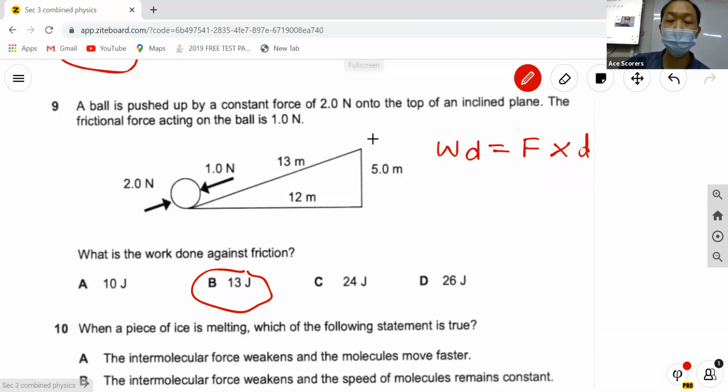But because this thing is moving up, friction is going down against it at a force of 1 Newton over a distance of 13 meter. So it's 1 times 13. Okay, so we get just 13 joules. Okay, friction force, just take the force times the distance. Even though this thing is moving up, there is still friction. So the work done against friction is 13 joules. Next.